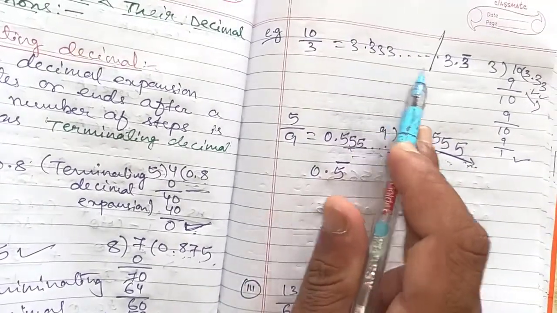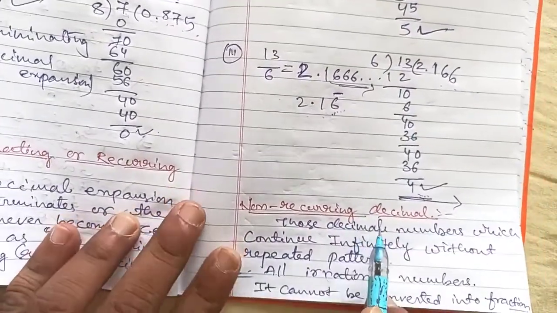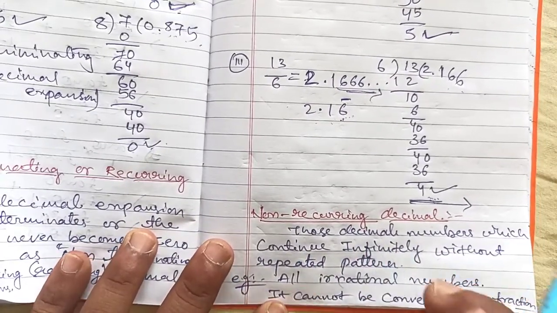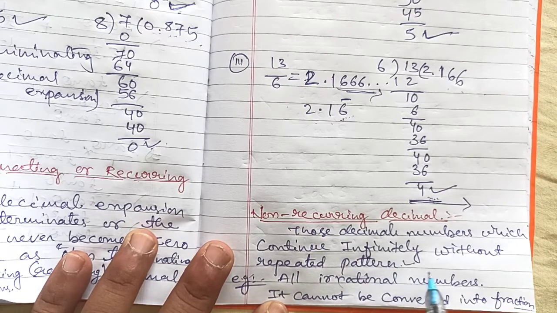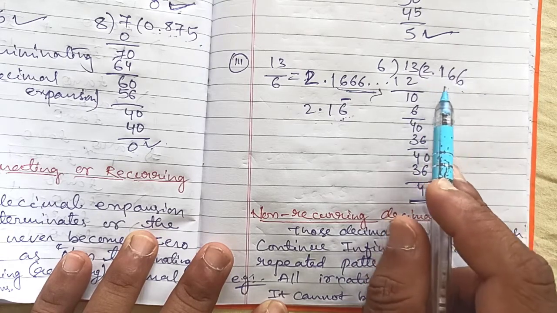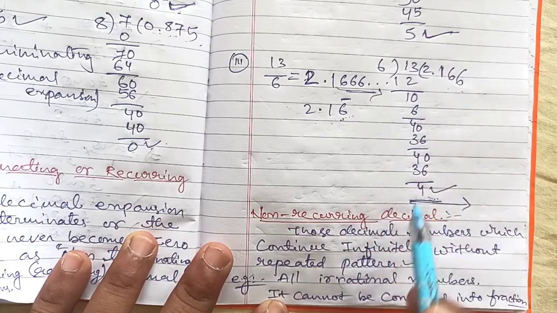Here 3 is in a pattern, 3.3 bar we can write. That means there is some pattern. But non-recurring decimal means the decimal expansion which will not give you any kind of repeating pattern. There won't be any repeating numbers you will get in the quotient. All the numbers will be different when you are dividing a number.